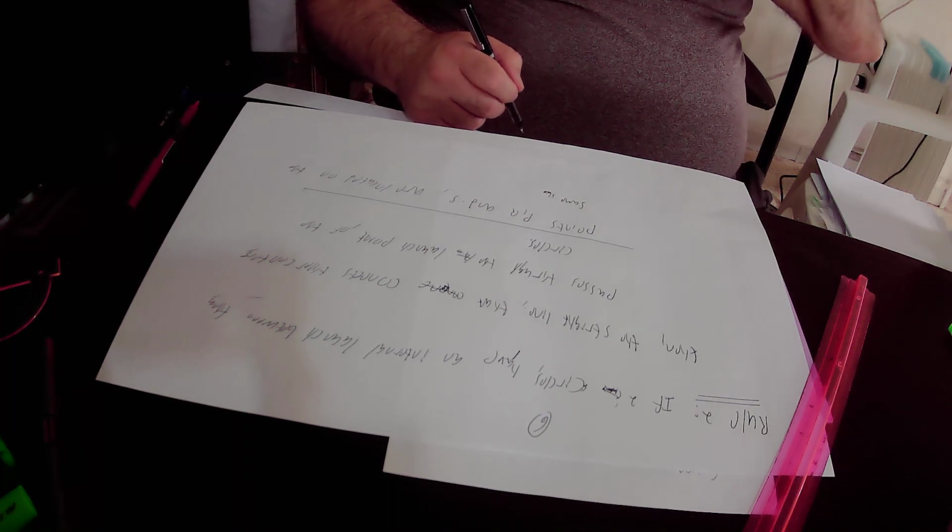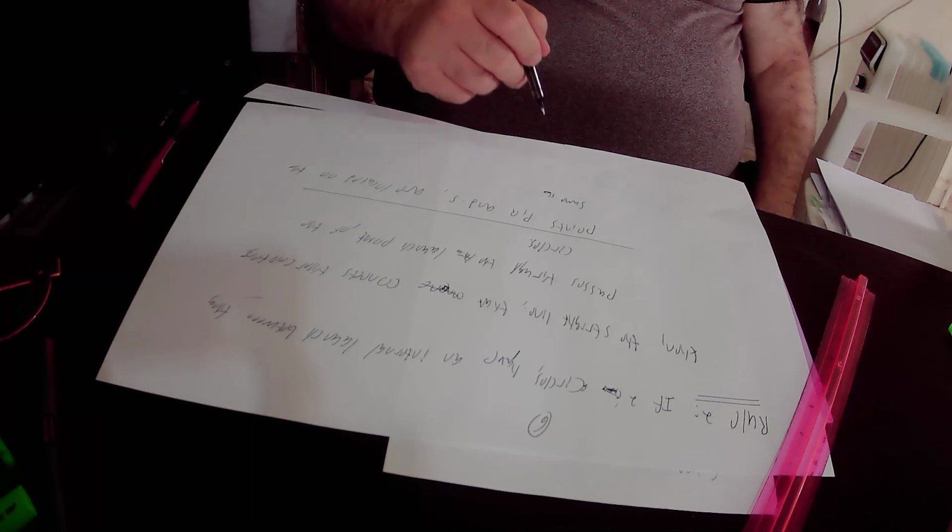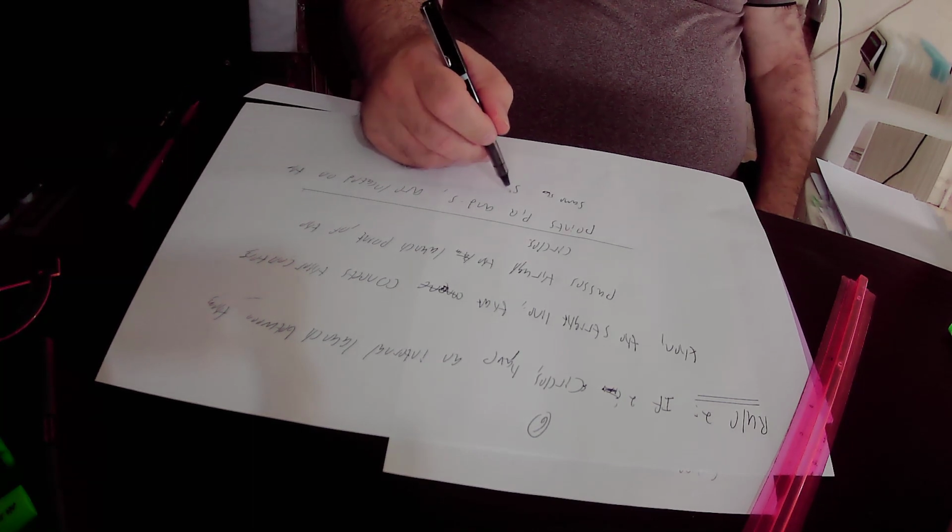According to rule number 2, points P, Q, and S are located on the same straight line.